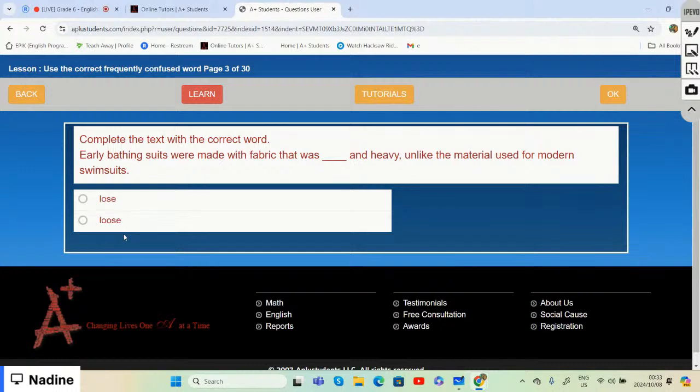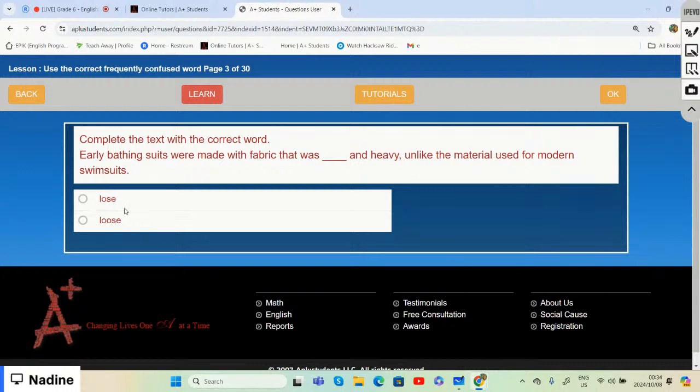So if we look at the word with a double O, loose, it's basically showing it's not secured, it is not tight. It's something that is loose. That is what it means.